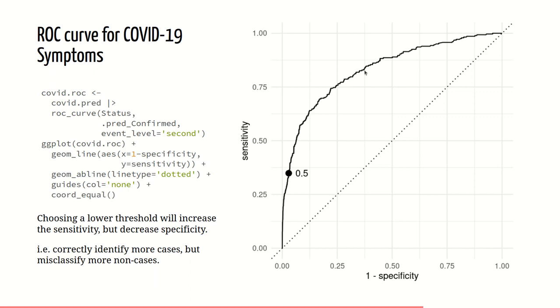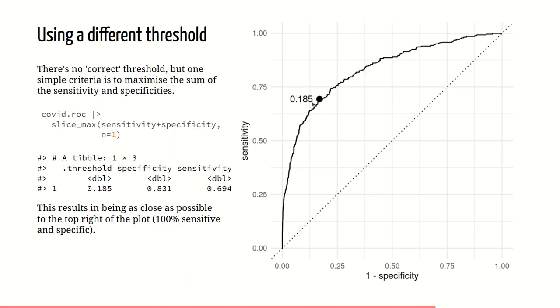And one way to do that is to just find the point that's closest to this top corner here. So find the point that maximizes the sum of the sensitivity and specificity. And this gives us a new value of our threshold, 0.185. So if the probability, from the logit of the linear predictor, is more than 0.185, we'd assign it to be a case.